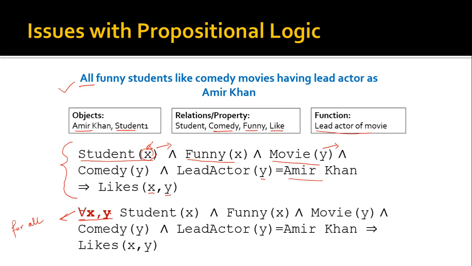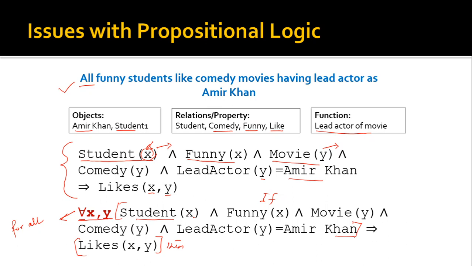So by this I am saying for all x, whatever the value of x can be, say Aamir Khan, x can be student, it can be anything. Now if x is a student, so this is the if part of it, right? So from this to this is the if part, and this part is the then part, right?